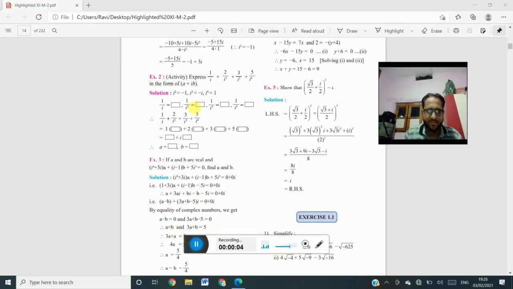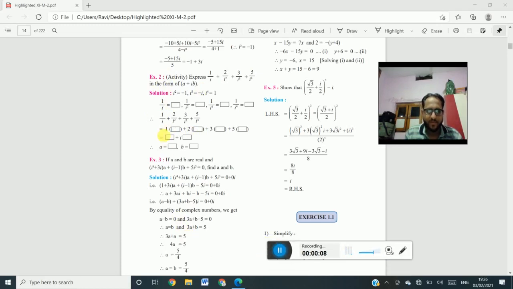Now complete this activity number 2. Complete this activity yourself and see example number 3. If a and b are real numbers and i to the power 4 plus 3i into (a plus i) minus 1 of b plus 5i cube is equal to 0, find a and b.